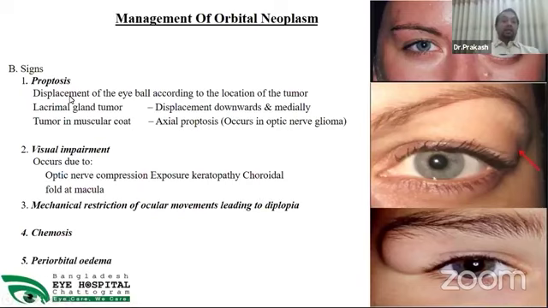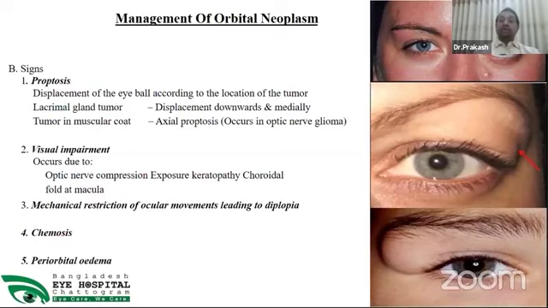And if you consider the signs, there is proptosis, that is protrusion of the eyeball, and by looking at the displacement of the eyeball, we can gauge what might be the cause. Suppose in the first picture, you can see axial proptosis. If there is any neoplasm or growth within the muscle cone, that will cause axial proptosis.